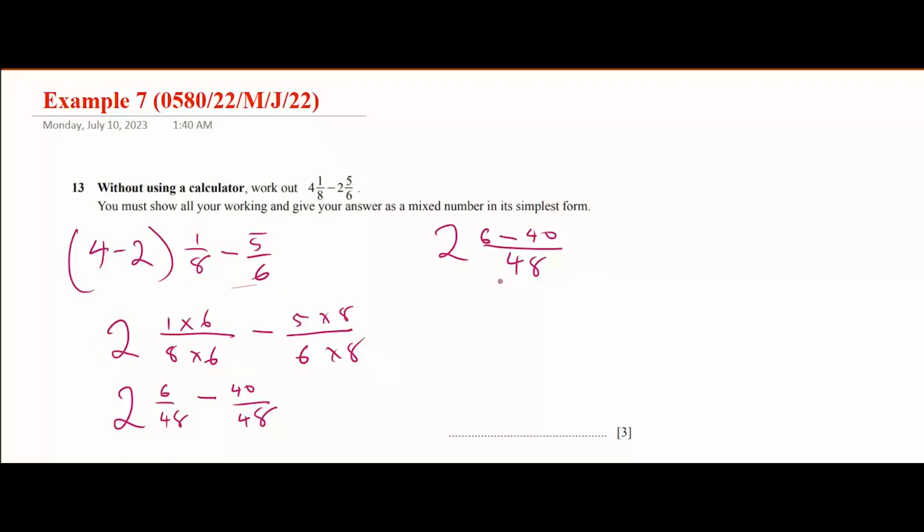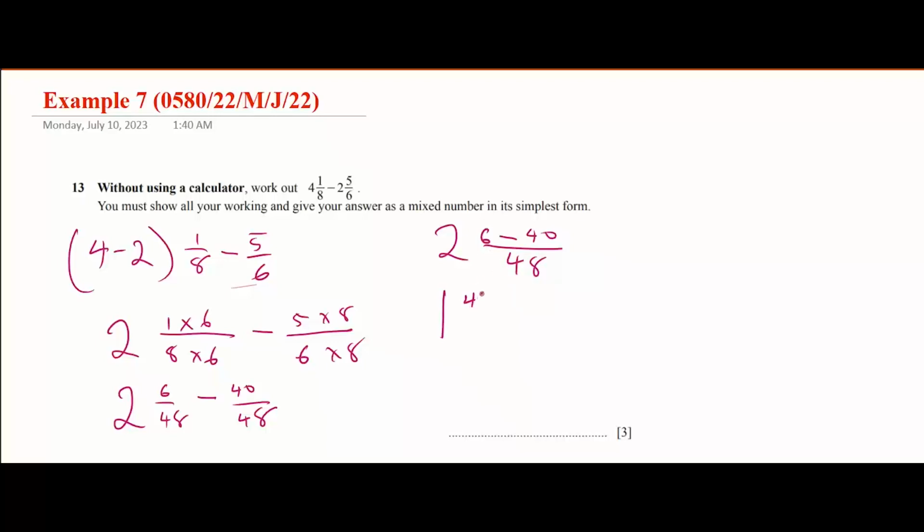So earlier on the previous page, I showed you the two approaches you can use to do this. So I'll just borrow one from this whole this time around. I'm using this approach. So let's borrow one from these two whole number. So we'll be left with one whole number. Don't forget that the one I borrowed is equivalent to the denominator here. So that means I borrowed 48.